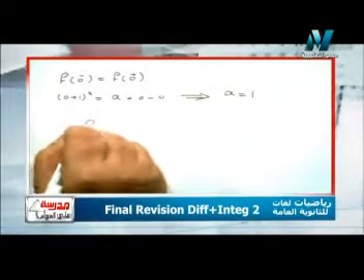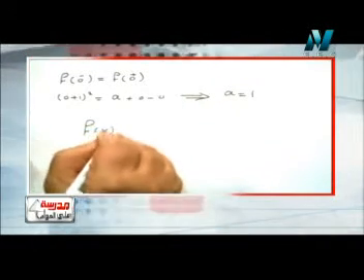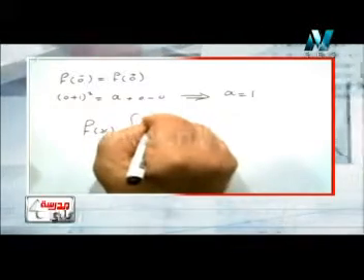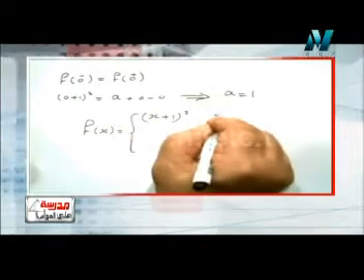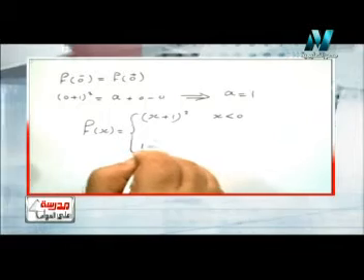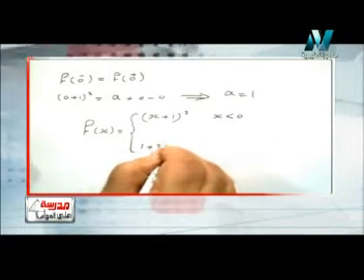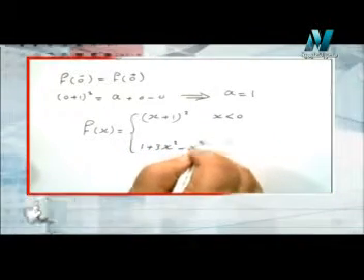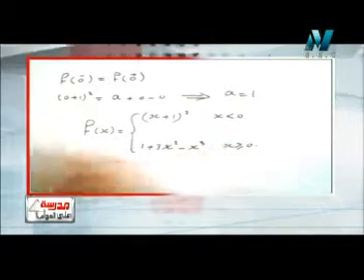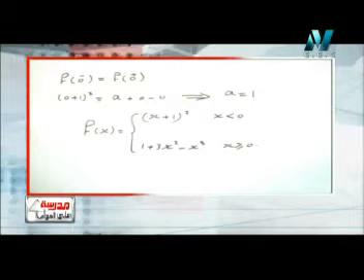Then now, f of x equals (x plus 1) all squared when x is less than 0, and 1 plus 3x squared minus x power 3 when x is greater than or equal to 0. We are done with the limit exists part.